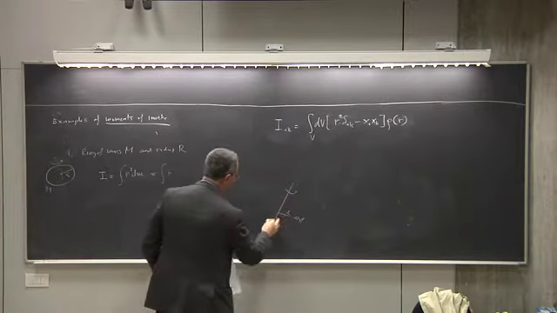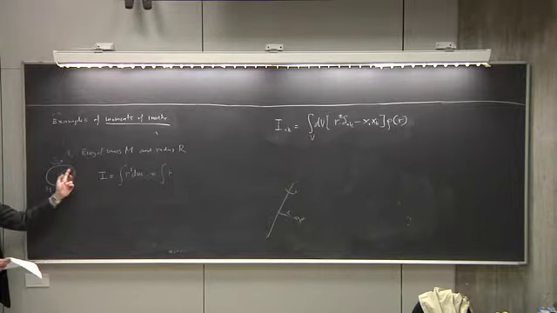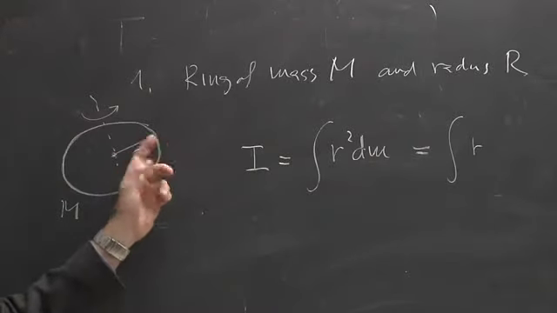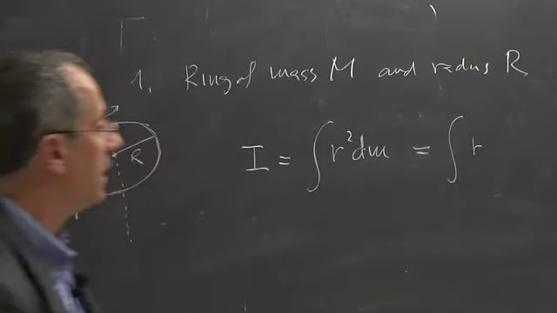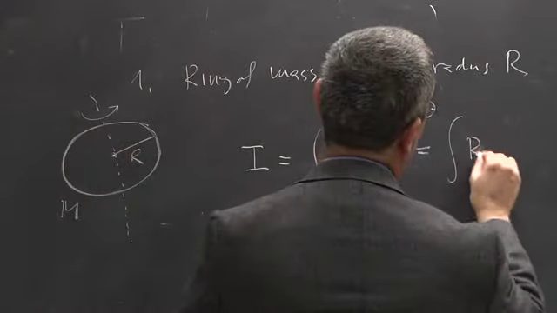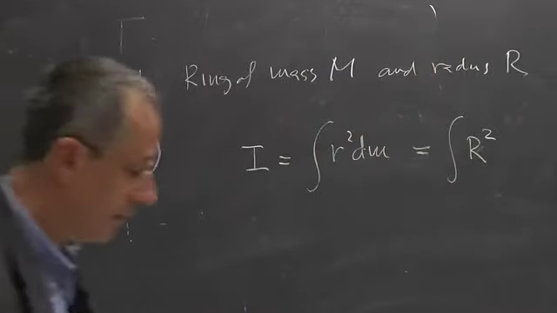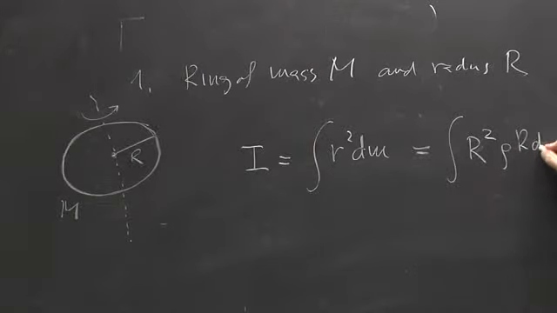So what is r² in this case? Well, r² is actually a constant, because the density of mass is different from 0 only if you are on this circle. So here little r is just the constant value of the radius. And what is dm? Well, it's the density of mass times r dθ, right?